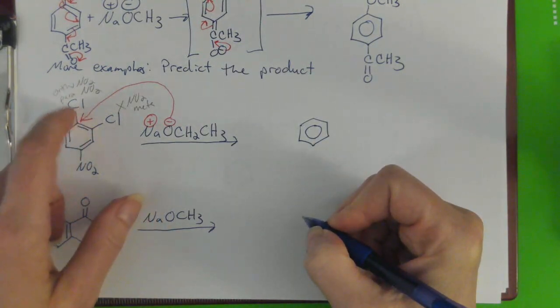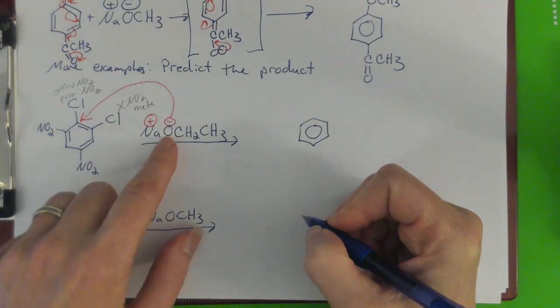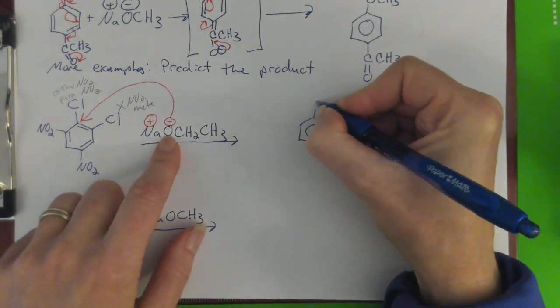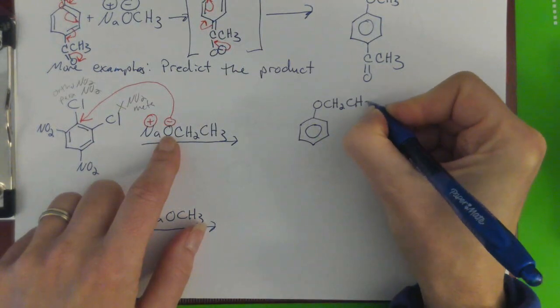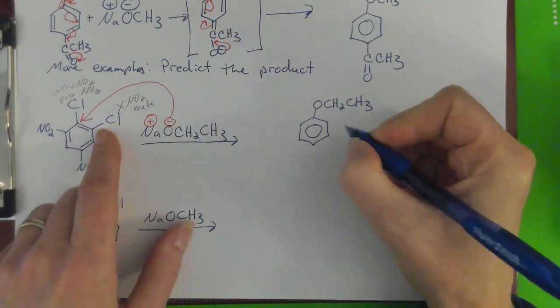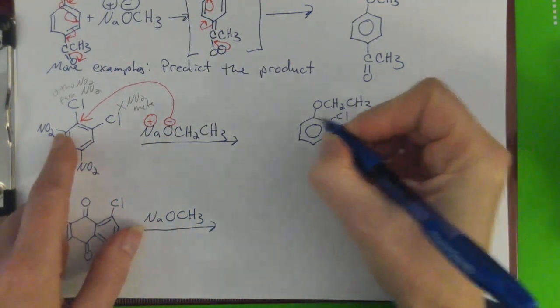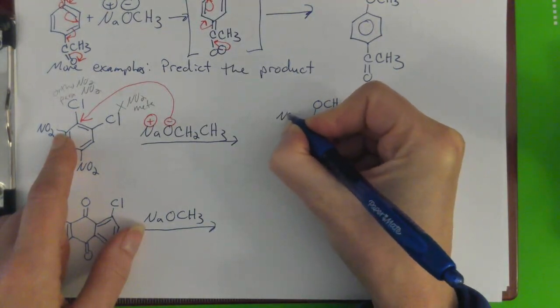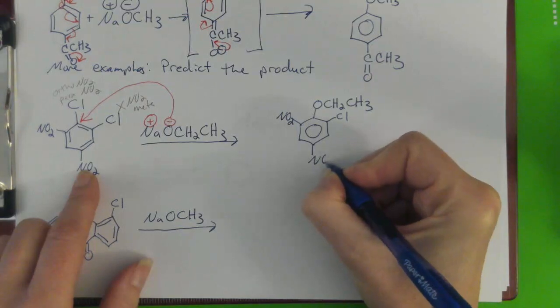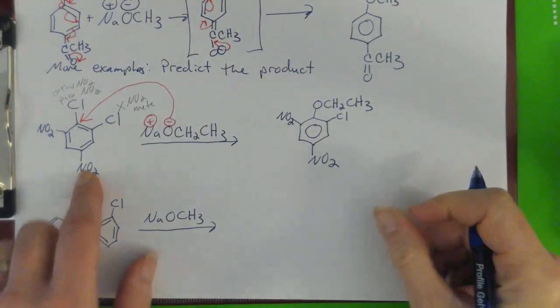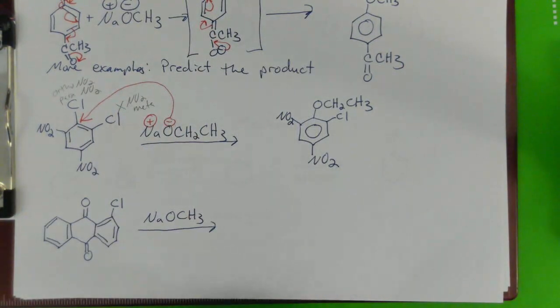This is going to get kicked off, and you're going to replace it with this ethoxide. This is still here. This is still here. This is still here. Okay, so I know I didn't show you the mechanism here. I'm just coming up with the product.